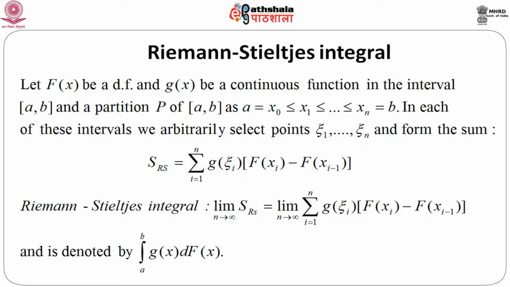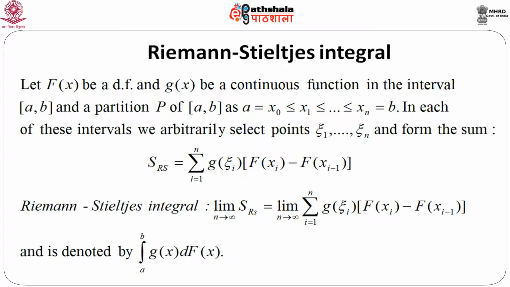Now, we define the Riemann-Stieltjes integral as the limit of this sum as n goes to infinity, obviously if the limit exists. This limit of the sum, defined with respect to the distribution function, is denoted by the integral from a to b of g x d F x.